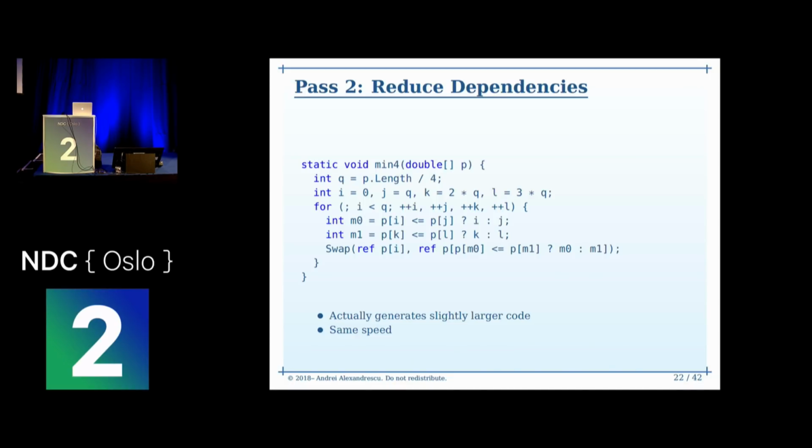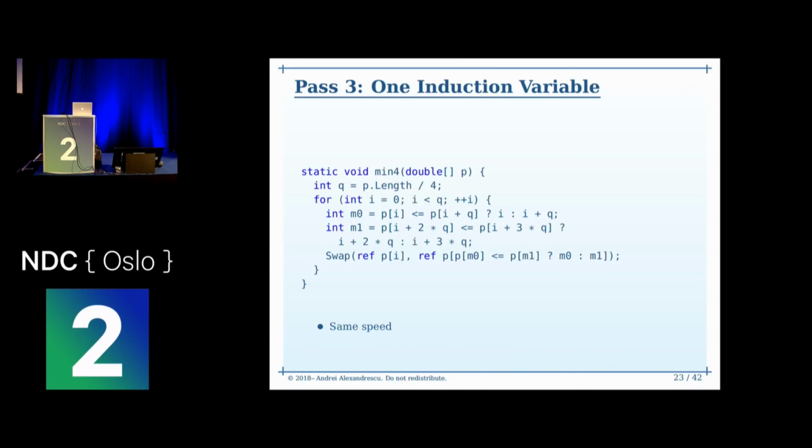Fine. Pass number 3, I'm going to try to reduce the induction variables. So there's too many i's, j's, k's, and l's being incremented there. So let me just use I and look at my for loop. It got dramatically simpler.